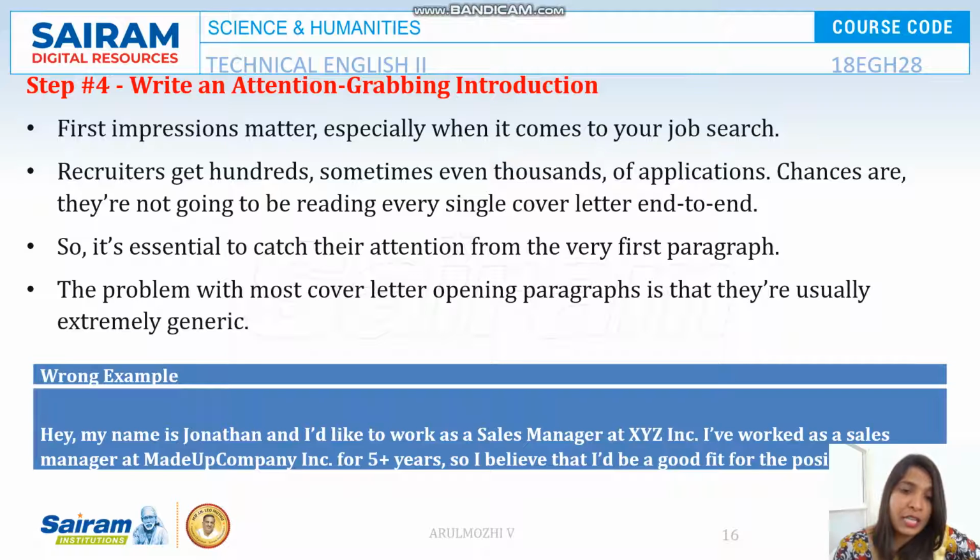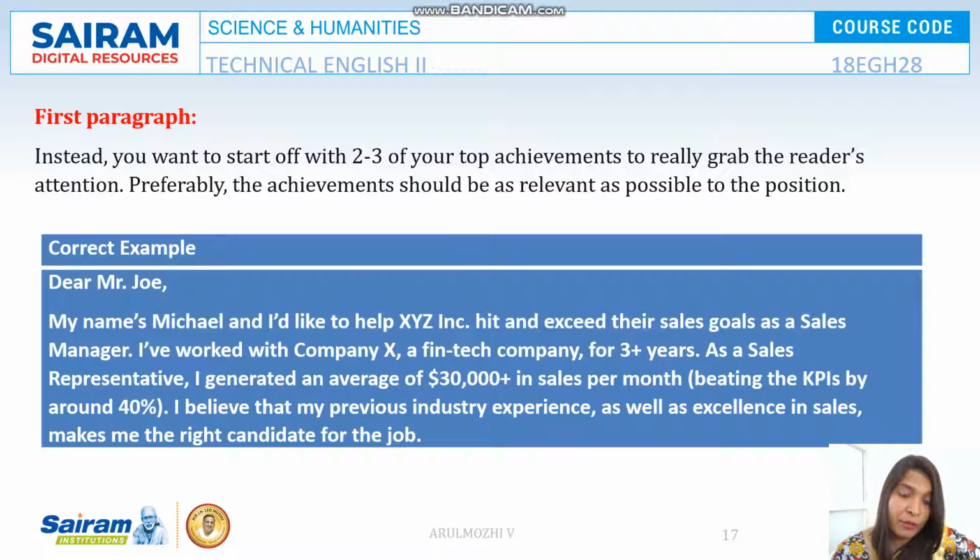I would like to work as a sales manager at this particular company. I have worked as a sales manager in an MNC for 5 plus years, so I believe that I would be a perfect fit. This is not a formal one, it's a very common one. But if you want to really create an impression, then you can go something like this.